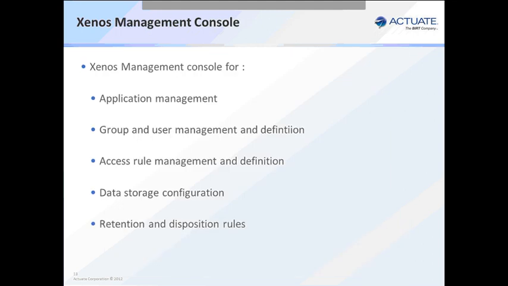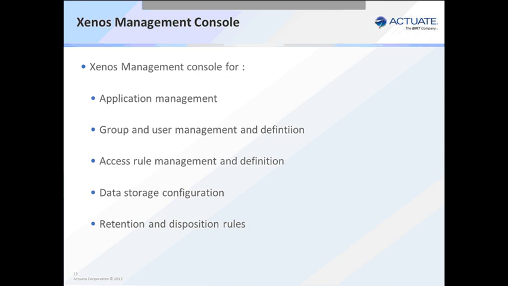Additionally, we have the Xenos Repository Management Console, and that's the place where you log into to manage the applications. You want to look at different repository instances, set up your configuration databases or your schemas for the application. You can define your groups, your users, and set the permissions on the documents or the applications.